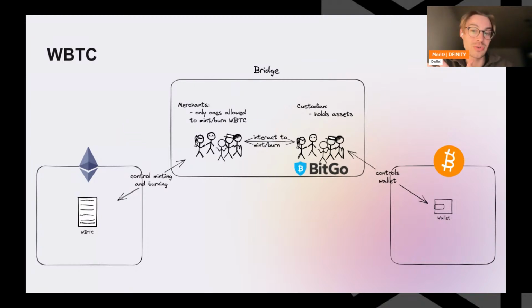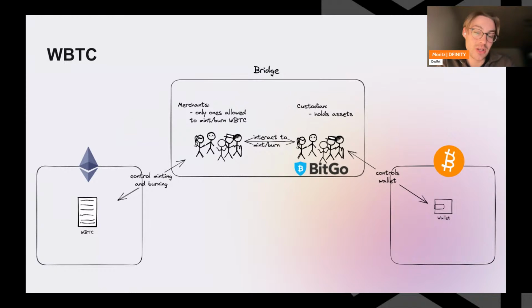You have to trust that they don't do that. To minimize the trust, they say the custodian cannot mint tokens on their own, but needs the initiation of a merchant to do so. But I think it should probably be easy to collude here, right? Only two players are involved. If they really wanted to, they could print RepBTC out of thin air, but you trust them not to do so.